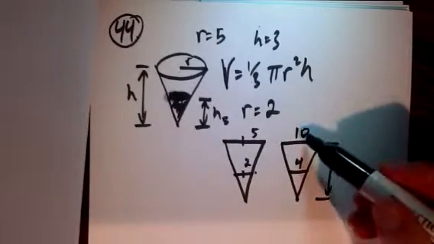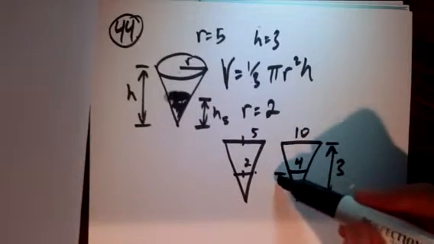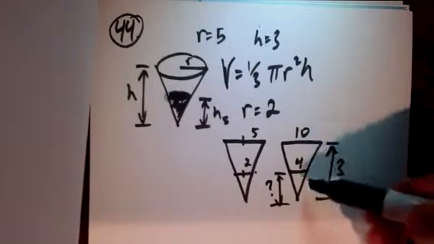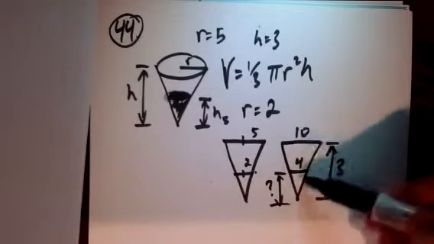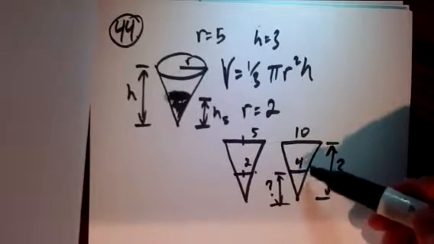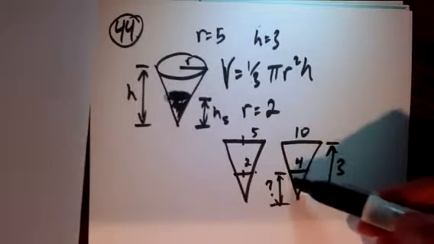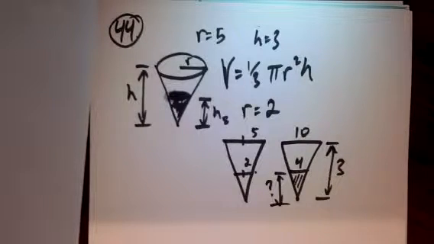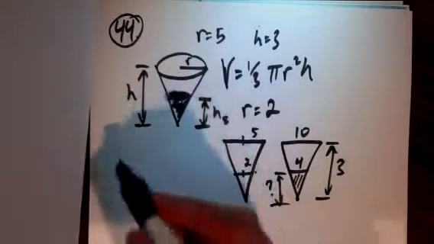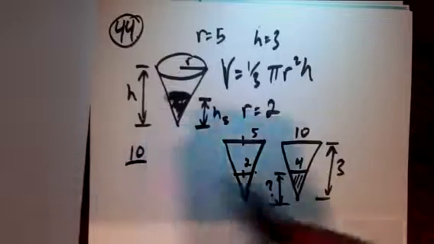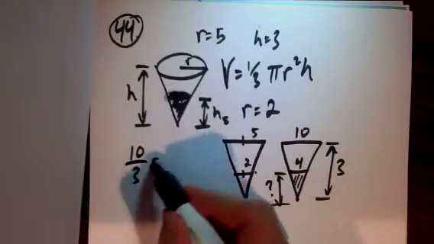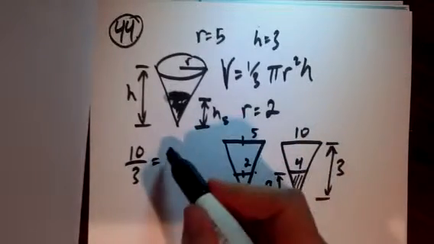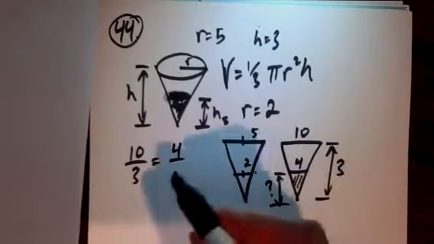Now what's this height? Well, everything here is going to be similar, meaning the big triangle is similar in shape to this smaller triangle, which means because of that similarity you can set up ratios. That diameter to the height is proportional, meaning the two ratios are equal, of the smaller triangle's diameter to its height.